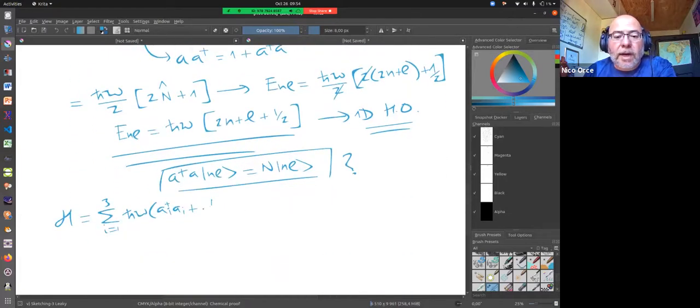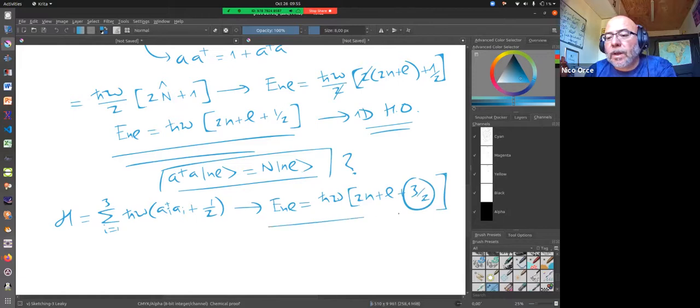You need just to follow the calculations later on and do them yourself, right? But which will convert to the energies of the harmonic oscillator in 3D, which will be h bar omega 2m plus L plus 3/2. So that's the only thing that will change. And this will be the energy, the eigenvalues of the harmonic oscillator in 3D.